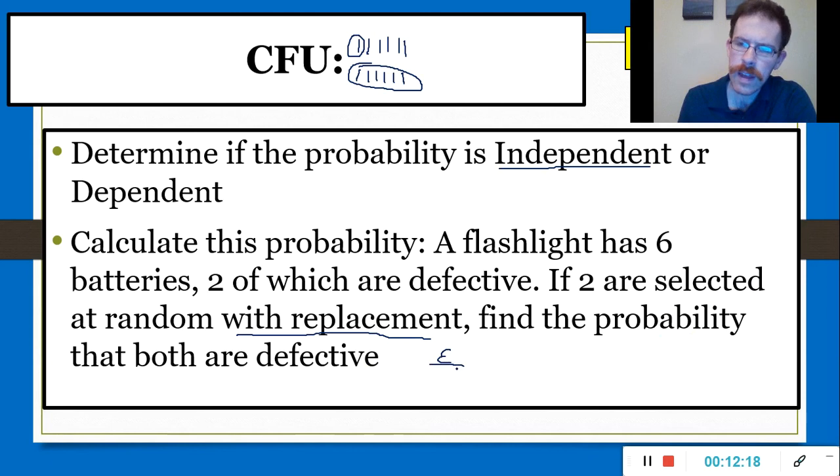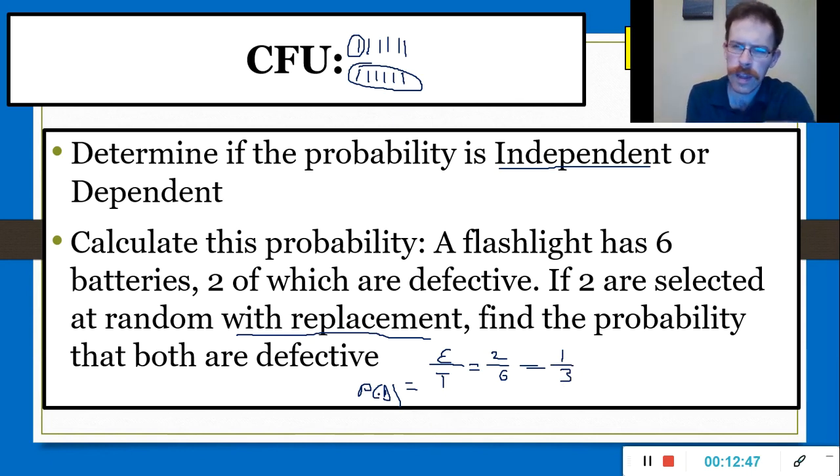We want to figure out how many of them have the value that we want. Probability of a defective battery is how many we want over how many there are in total. If I'm selecting one battery, we know that there are 2 defective ones, and there are 6 total. So that's 1/3.